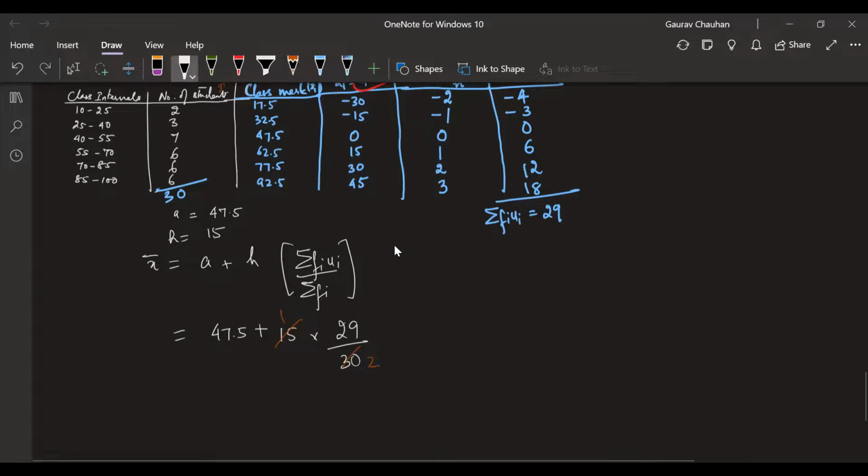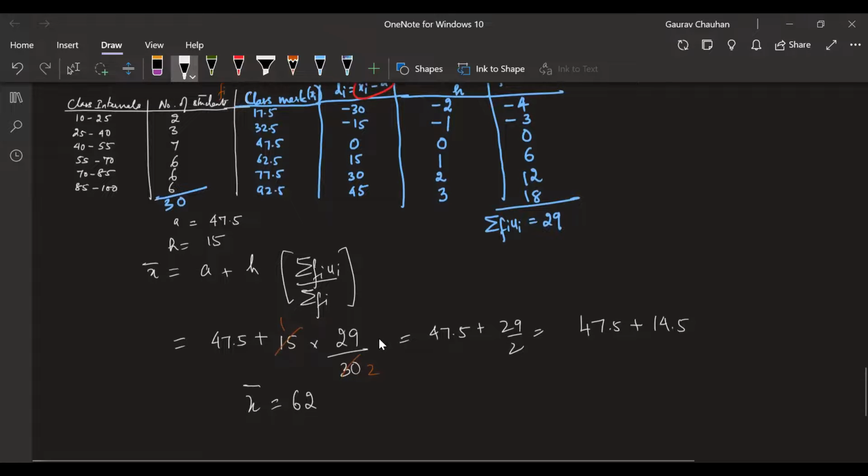So you have 47.5 plus 29 by 2. 29 by 2 is nothing but 14.5. So 47.5 plus 14.5 will give you again x bar equal to 62. You get the same answer by using this method also.